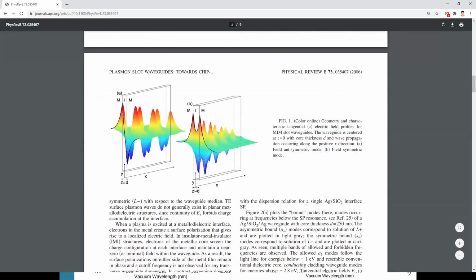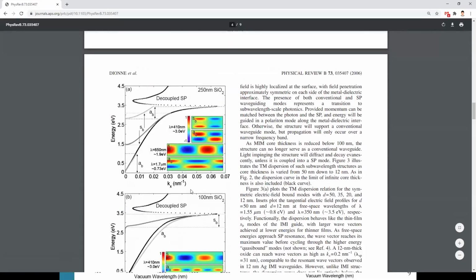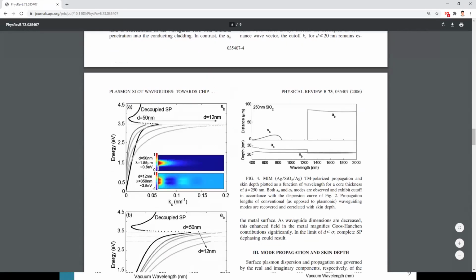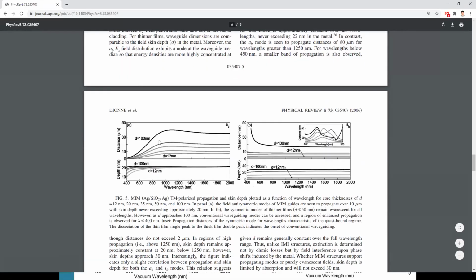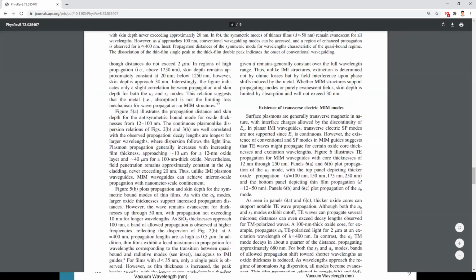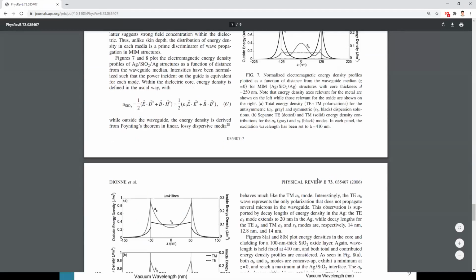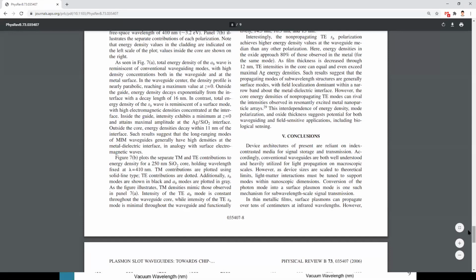Then you find two solutions. And from here, it basically covers all the different cases of MIM waveguide, IMI waveguide, and their properties. Here you see the propagation distance, and also how the fields are distributed.